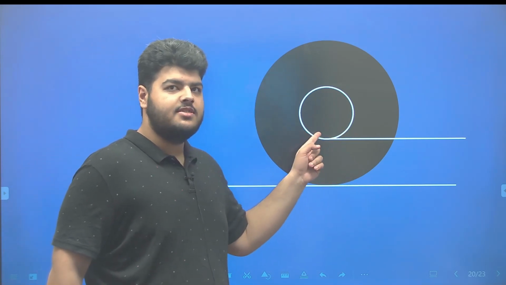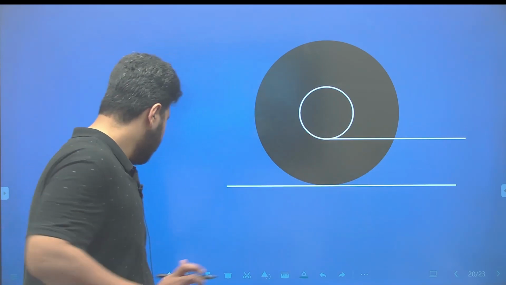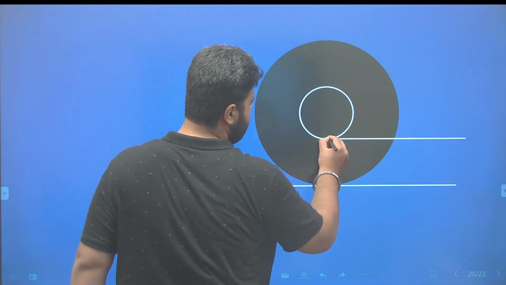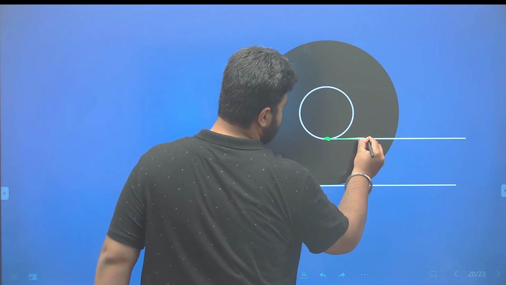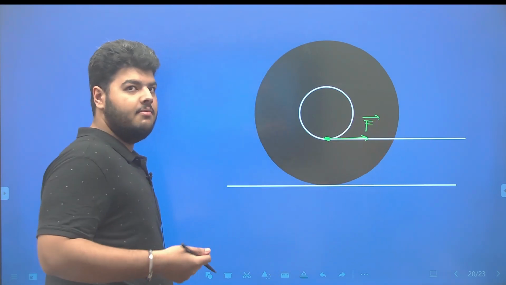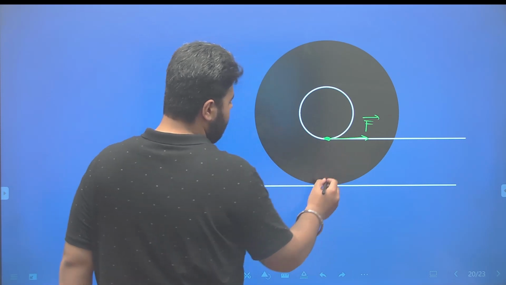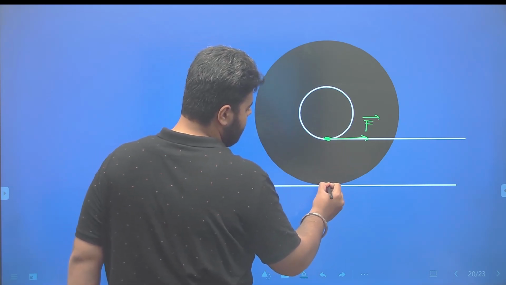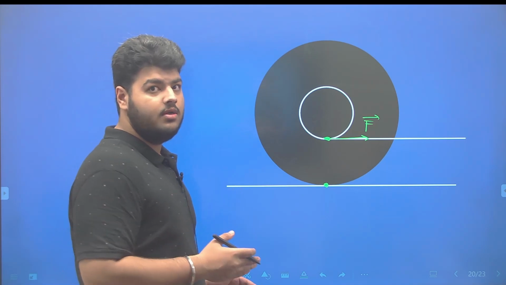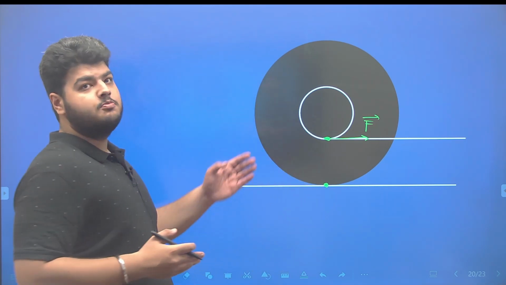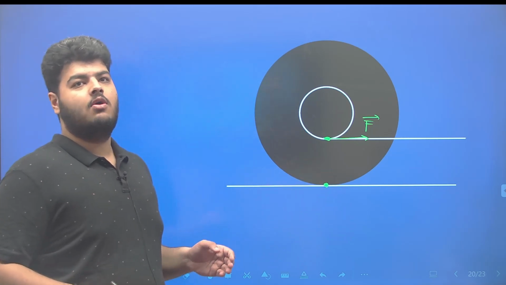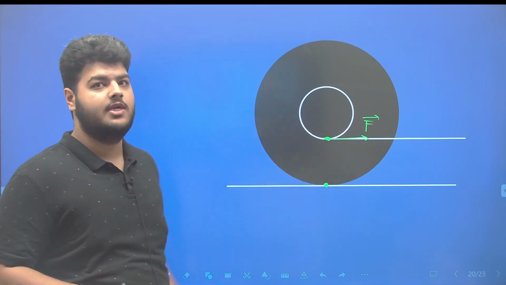Now this is the spool and this white line is the thread around the spool. In the first case, this thread was pulled in this direction and therefore at this point the force is acting in this direction. So this is the force vector, the force which was applied by my hand when I was pulling. If I see the position vector of this point at which force is acting, from the point at which the spool touches the ground, this point is also the pivot point about which this spool is rotating.